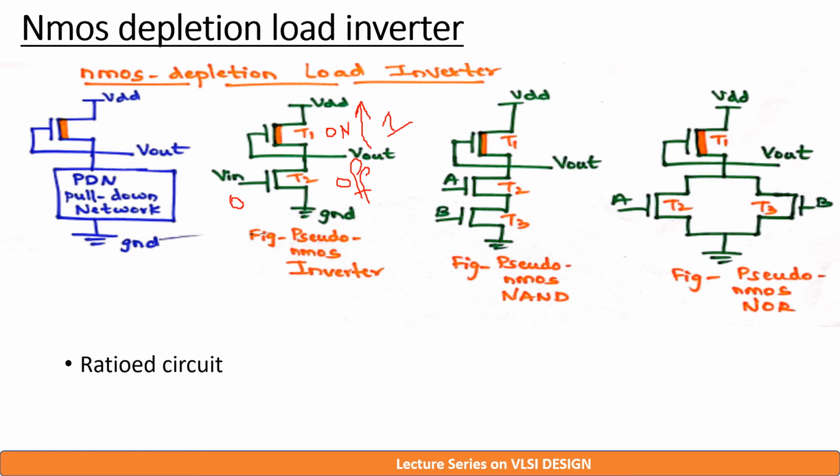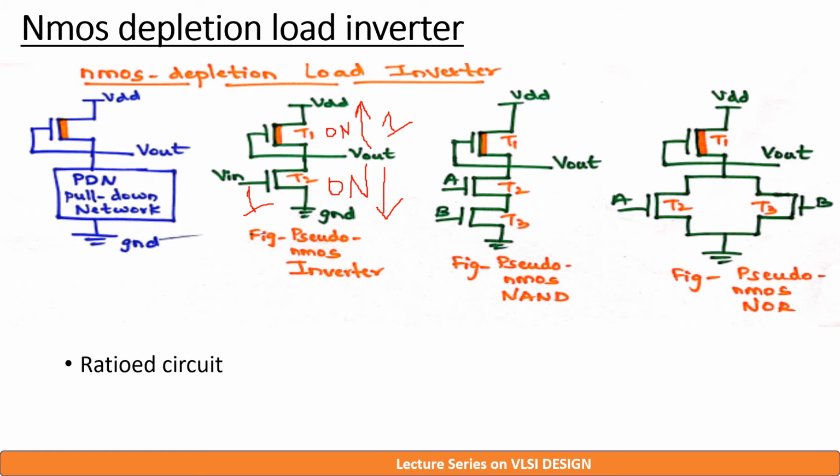Whereas when input is 1, pull down is on, pull up is also on since it is depletion device. Therefore Vout is pulled towards VDD as well as towards ground.